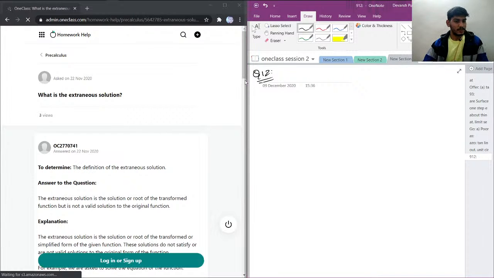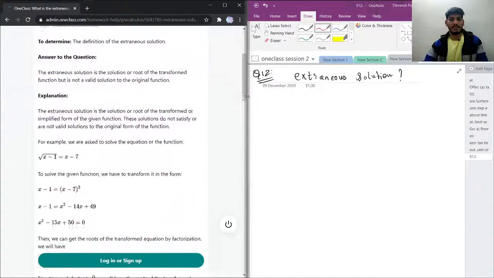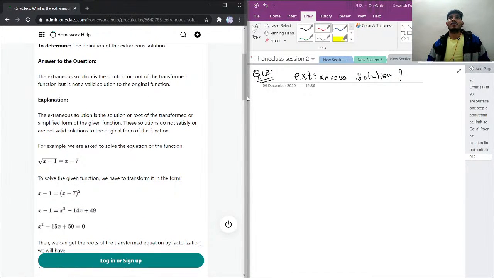So question number 12 states: what is an extraneous solution? So I'll just tell you the basic definition of an extraneous solution.